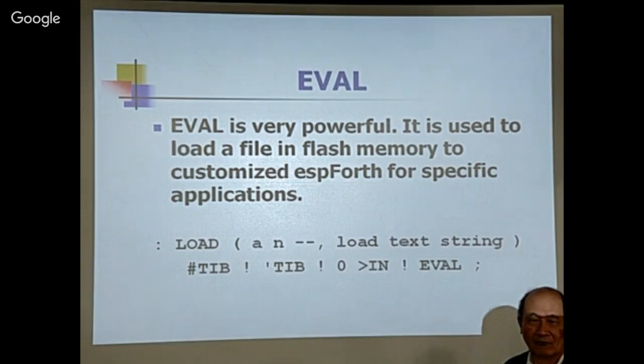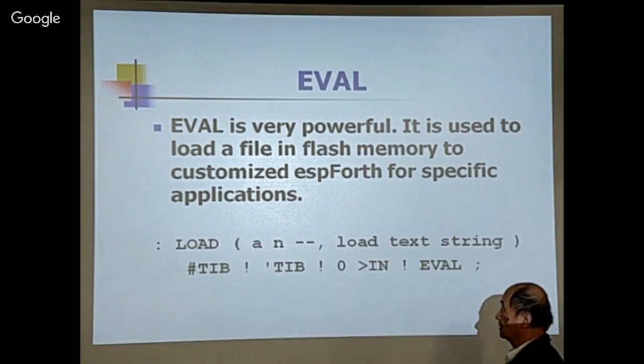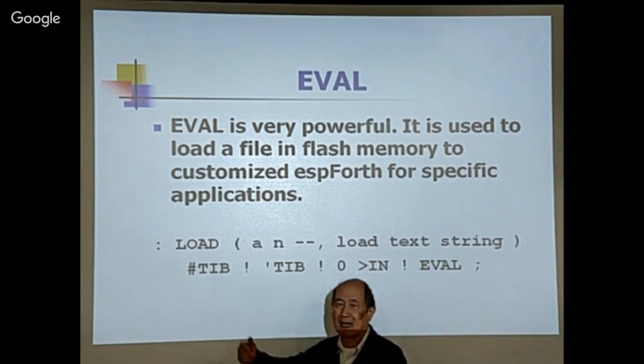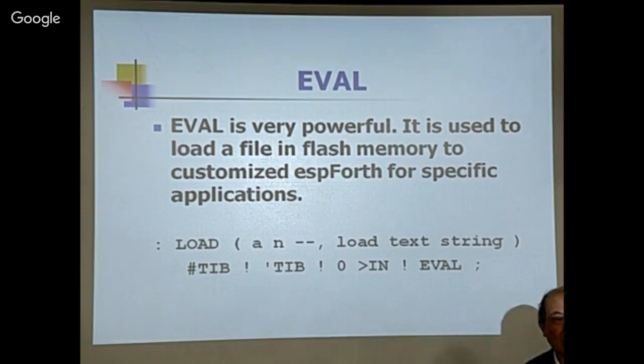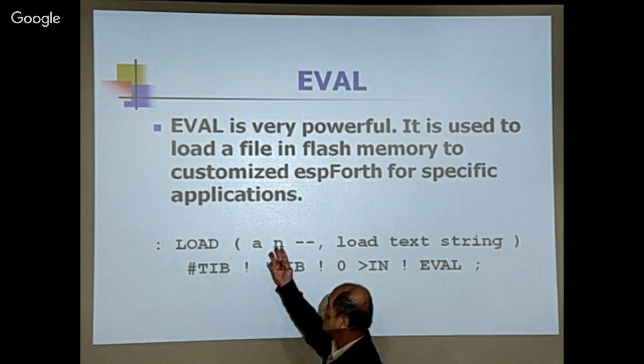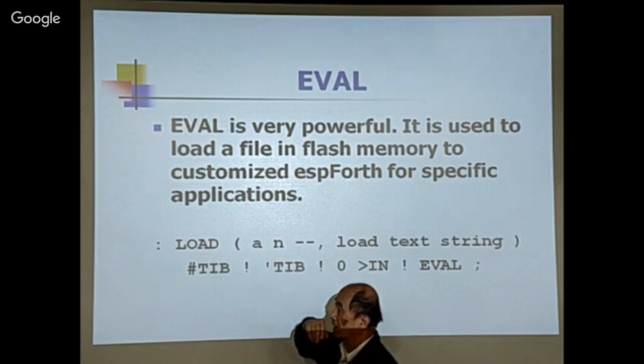This load is really just like the old load routine in Chuck Moore's block Forth system. But here I just want to load a text file. So you give it the address and the length. It will go there and try to compile it.